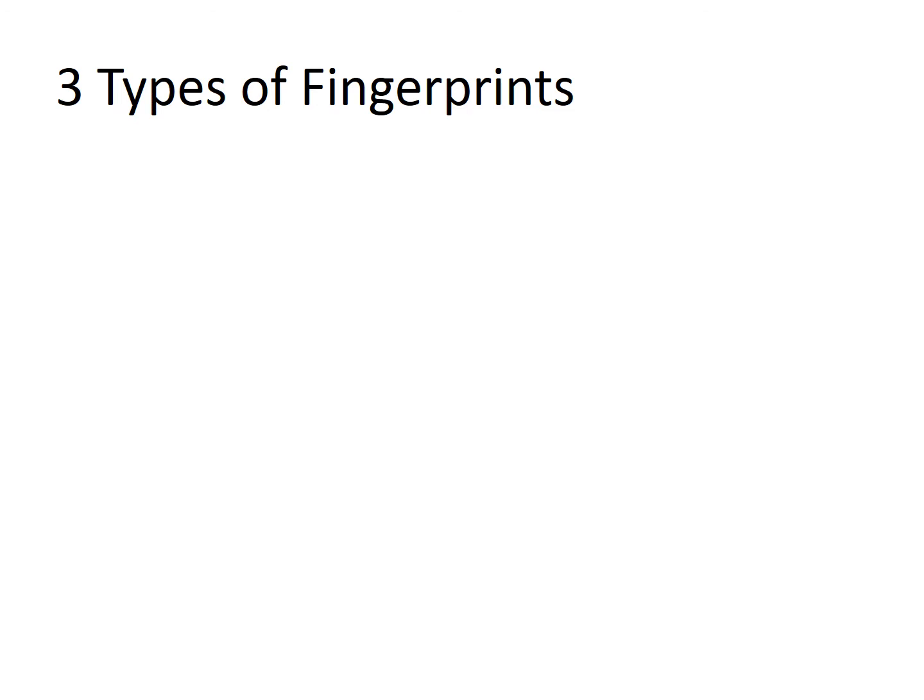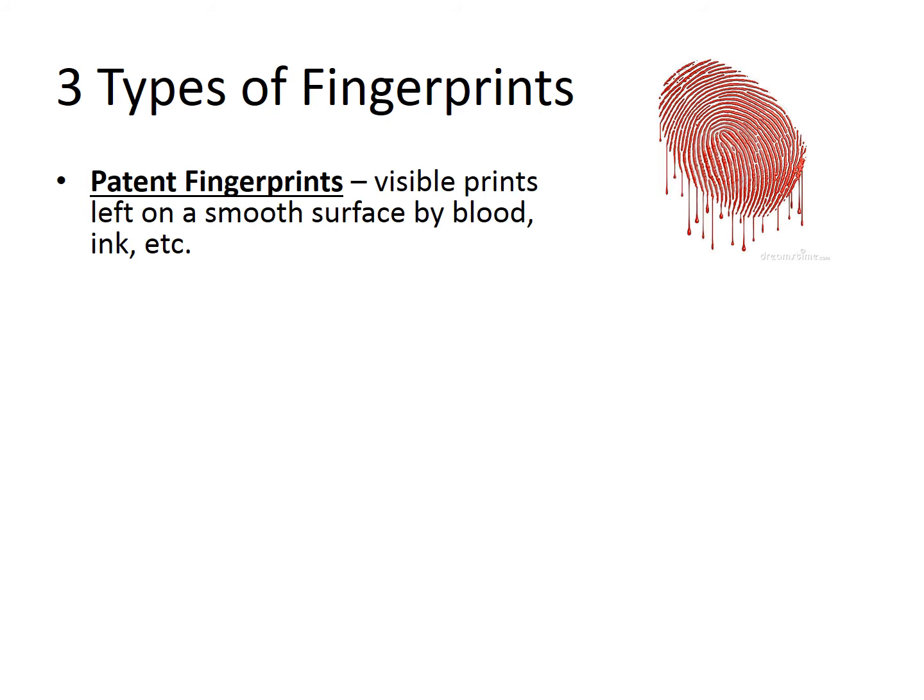There are 3 different types of fingerprint evidence that we can collect at a crime scene. This is different than the 3 different classifications of fingerprints, so whorls, loops, and arches. When we talk about these 3 types, we're talking about how that fingerprint's been left behind. The first way would be a patent fingerprint, a visible print left on a smooth surface by blood or ink.